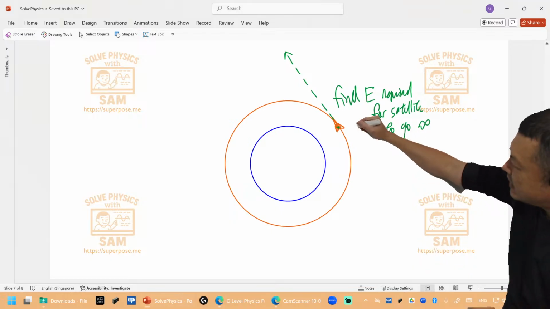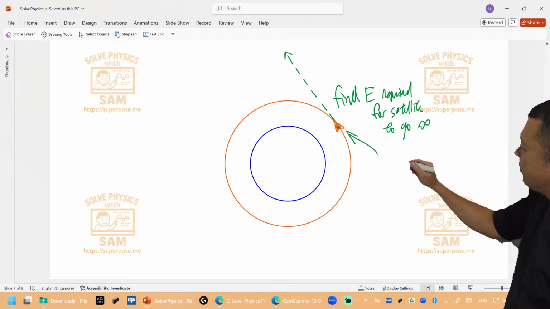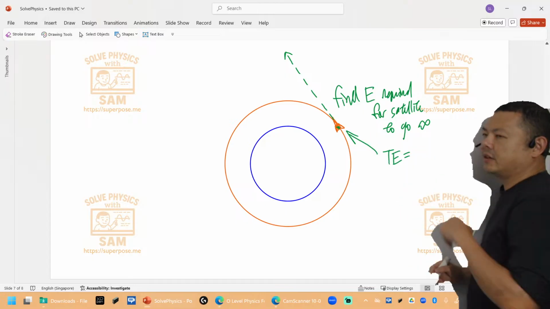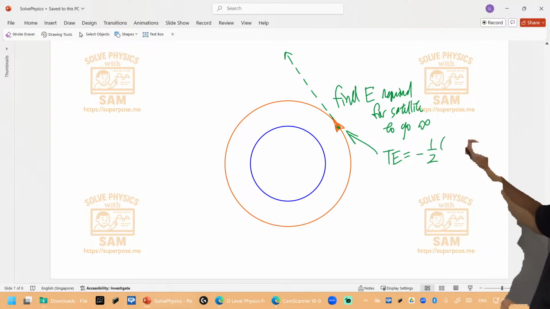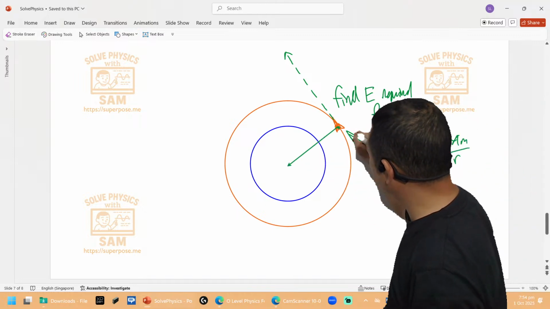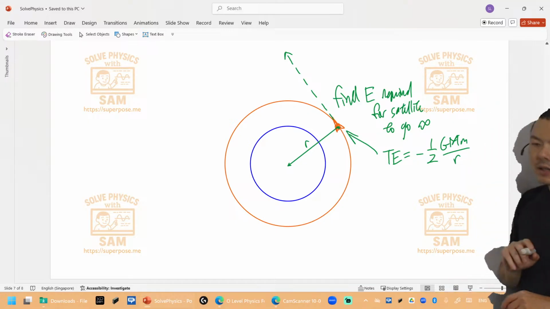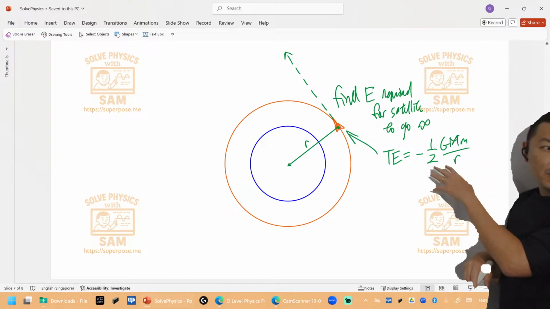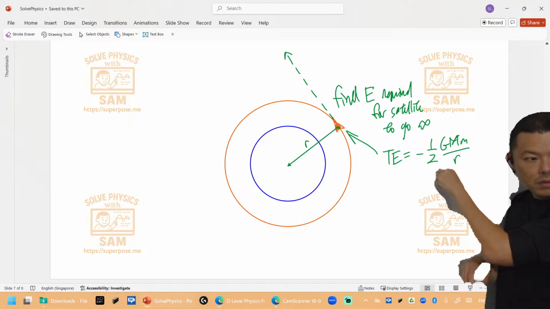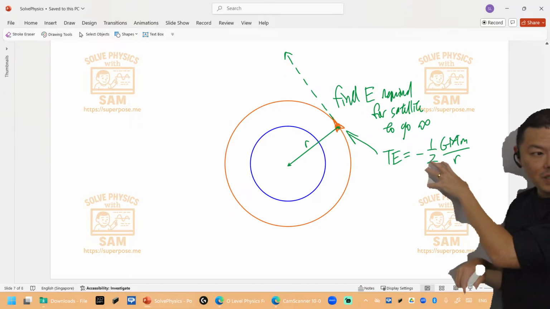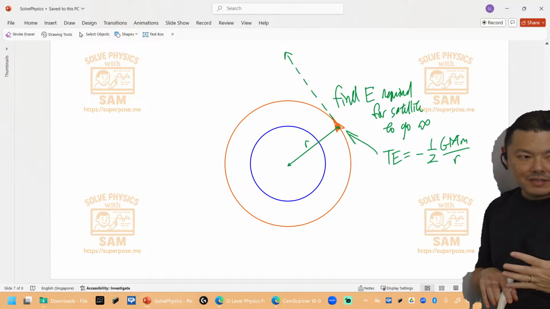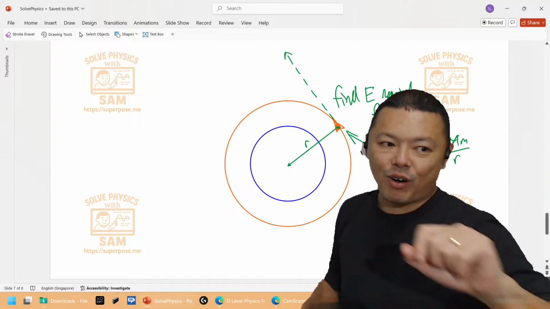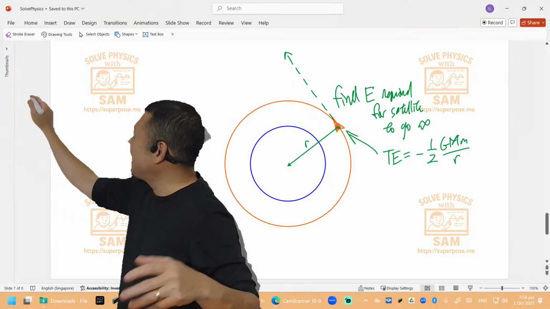All you have to do is figure out, being here right now, what's the total energy of this satellite? Negative half GMm over R, where R is from here to there, the whole R. So you make this total energy 0. That means if you give it this amount of energy, this rocket will fly to infinity. Correct or not?